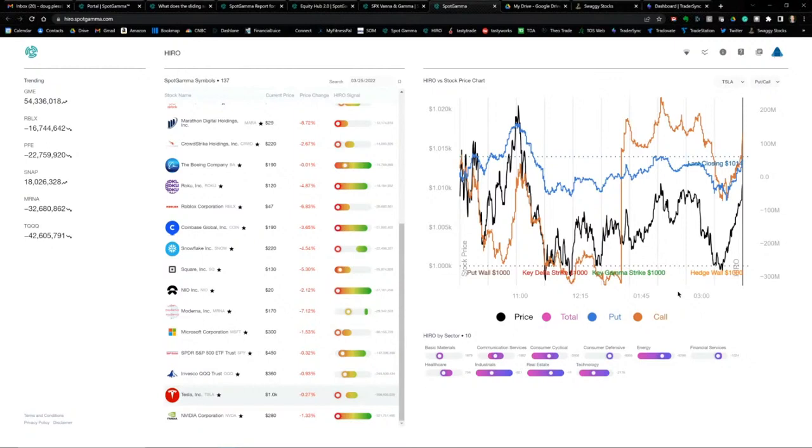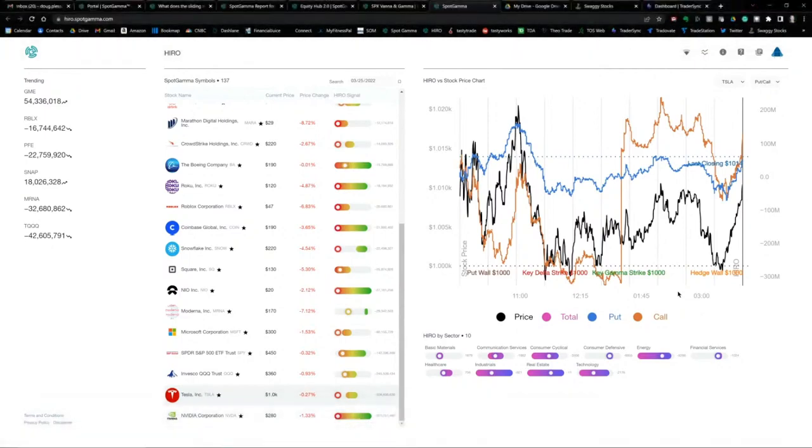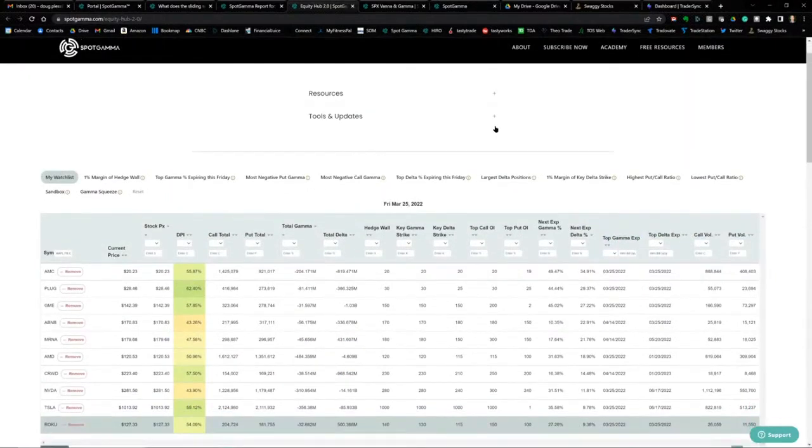But they're buying calls that expire on Friday, one week expiration. So again, they're starting on Monday, buying the calls that expire on Friday.